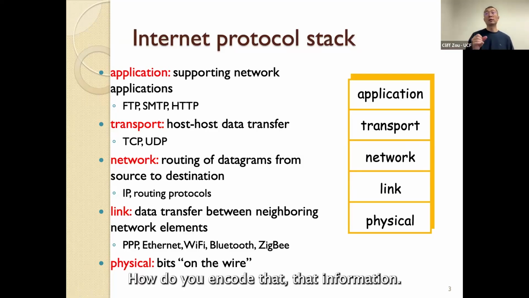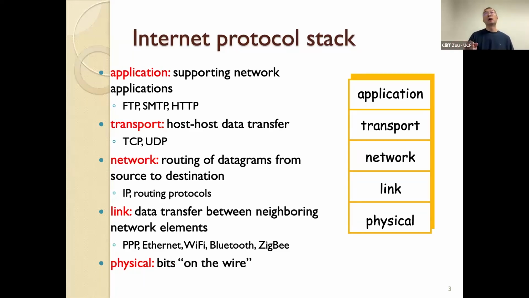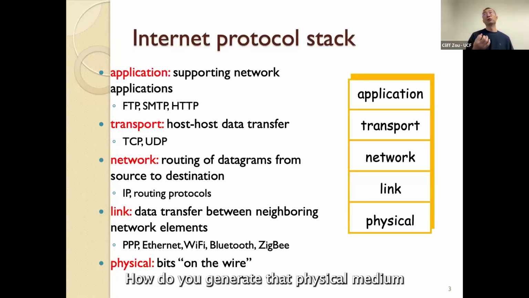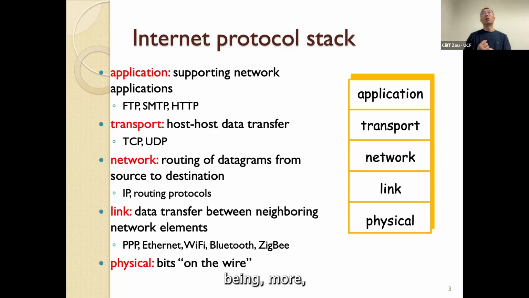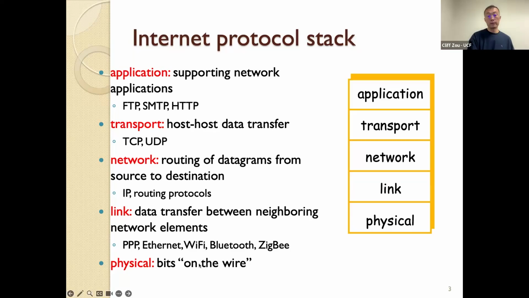How do you encode that information? This is 0, 1 bit information on that physical medium. What kind of spectrum do you use? How do you generate that physical medium in a more efficient way with more robustness to the noise? So all those designs, they are related to the physical layer.